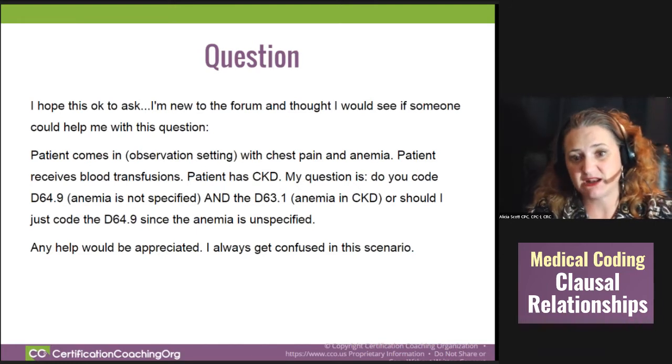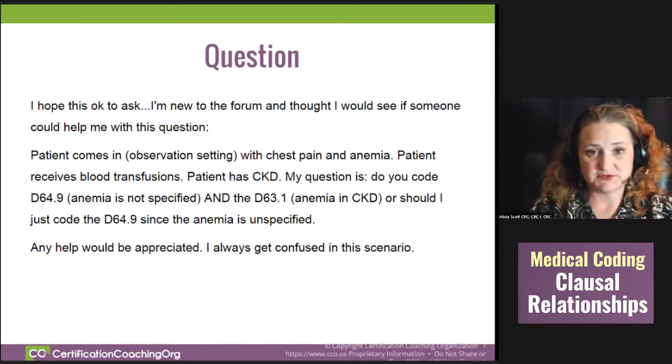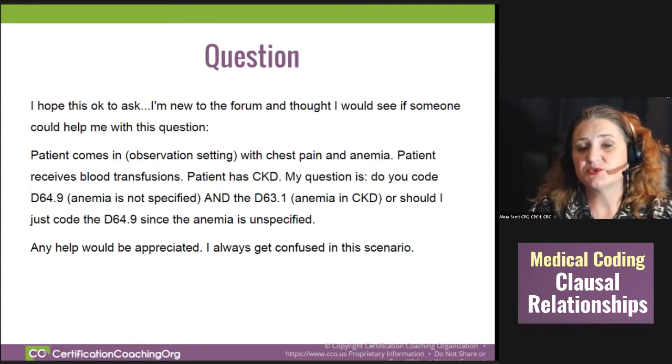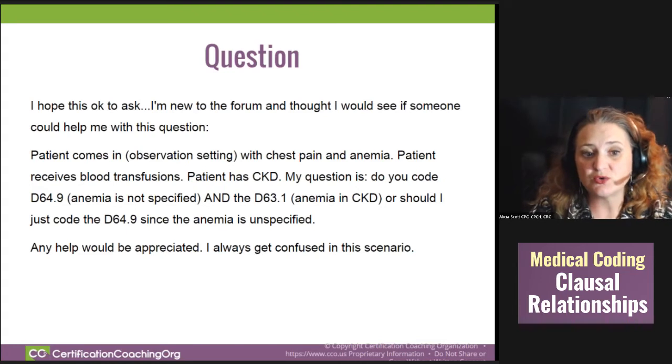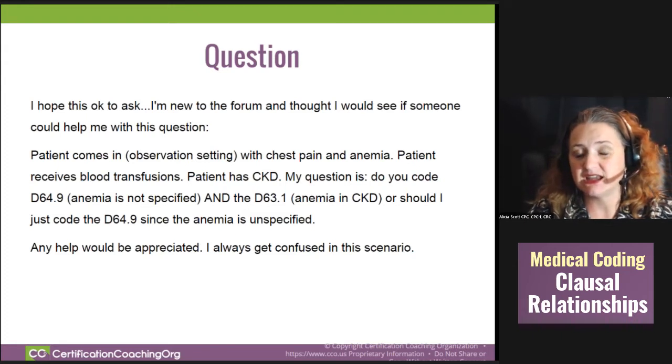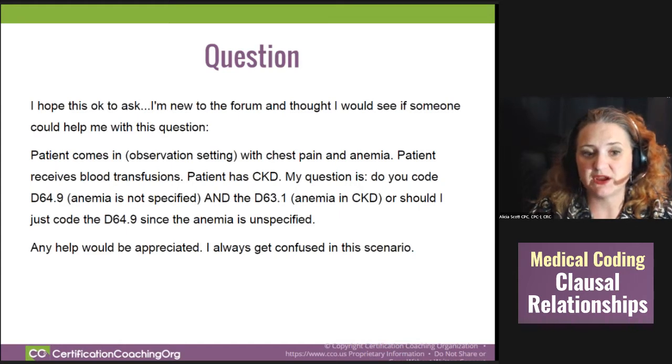They get blood transfusions for the anemia, but it's noted that the patient has CKD. So she's asking, which anemia do we code? Do we code D64.9, anemia not specified, or D63.1, anemia in CKD? Is there a causal relationship there?